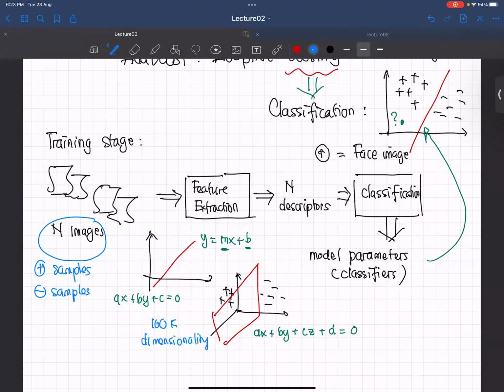Even 4 dimensionality, I cannot draw. So it's a huge space. Let's keep that in mind, that we are dealing with a 160K-dimensional space.